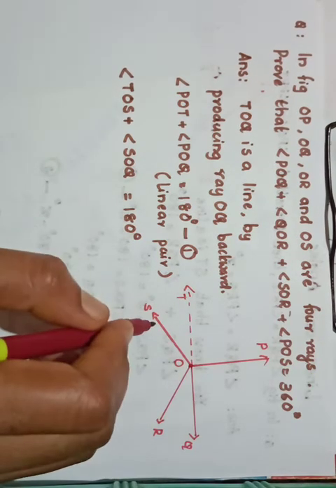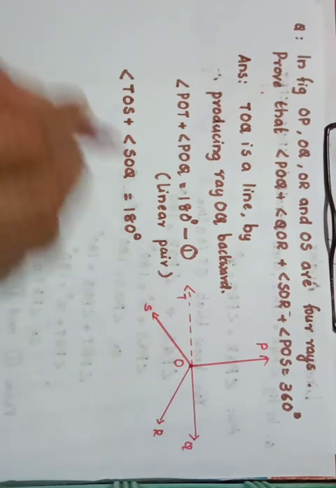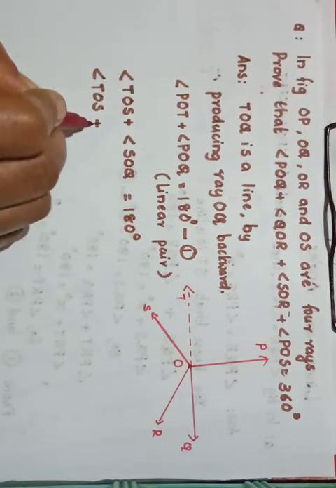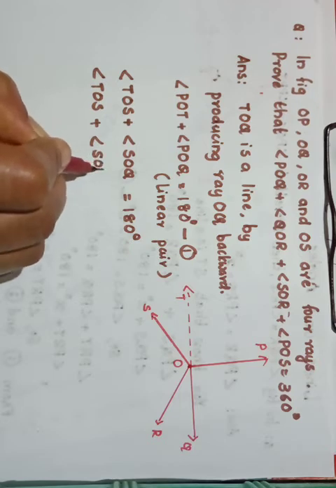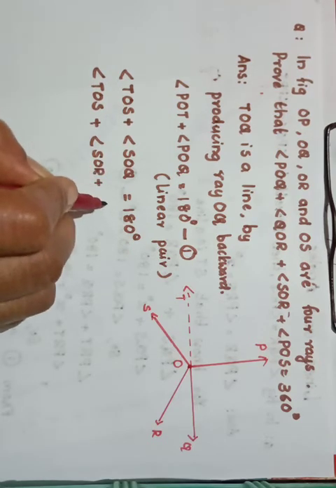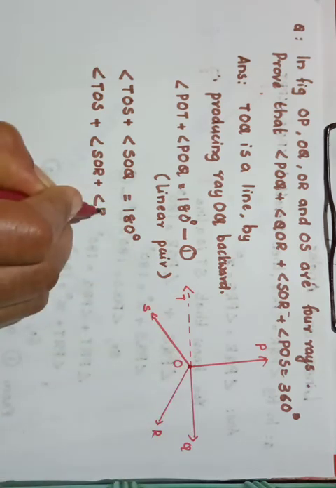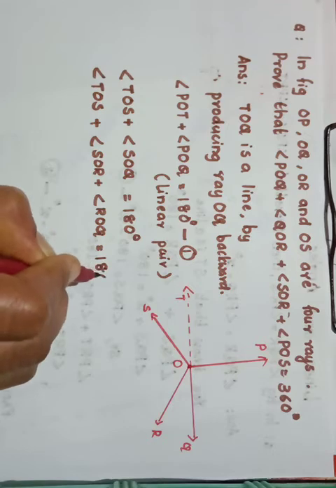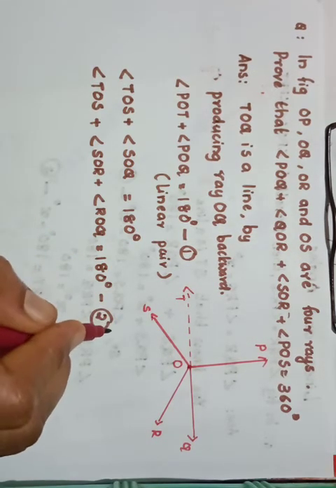But you know that SOQ is again an adjacent angle, so angle TOS plus SOQ can be written as angle TOS plus SOR plus angle ROQ, which is equal to 180 degree again. I am taking this as equation number 2.